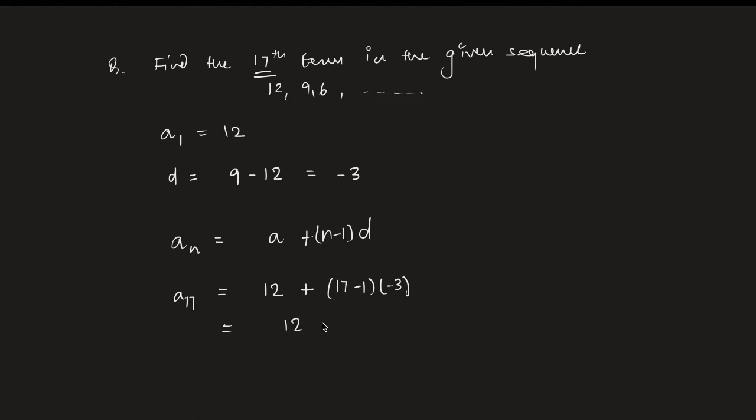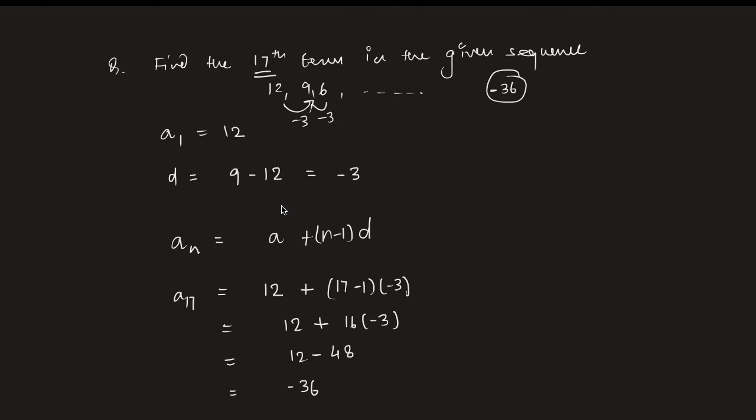This would be 12 plus 16 times negative 3, which means 12 minus 48, which gives us negative 36. If we keep on following this pattern, decreasing the terms by 3, the 17th term would have a value of negative 36.